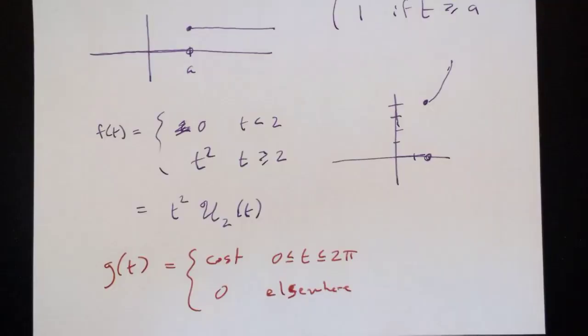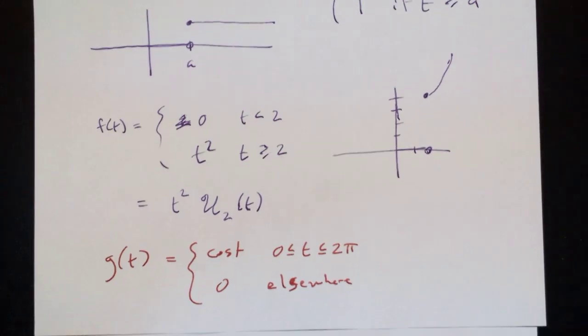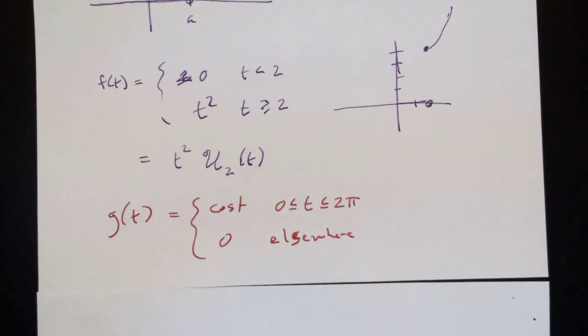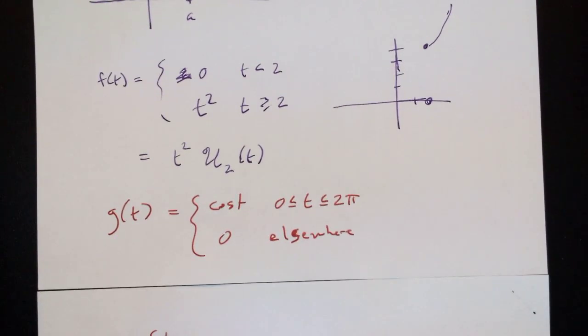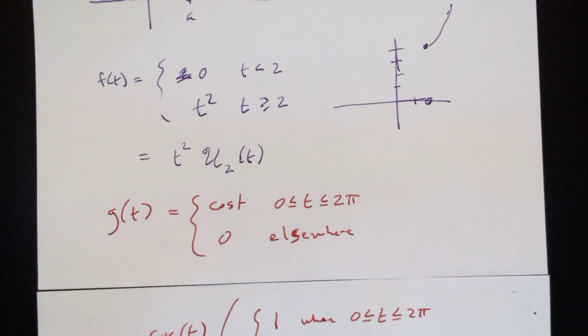I can think of this as wanting to take the cosine function and multiply by a function that satisfies the property of being 1 between 0 and 2 pi, and 0 elsewhere.